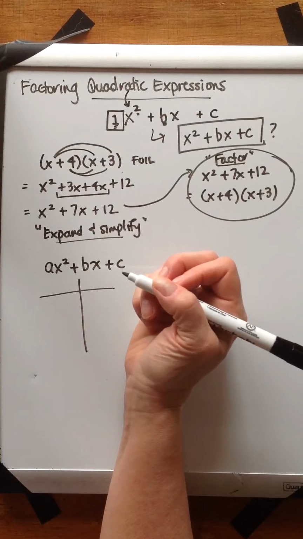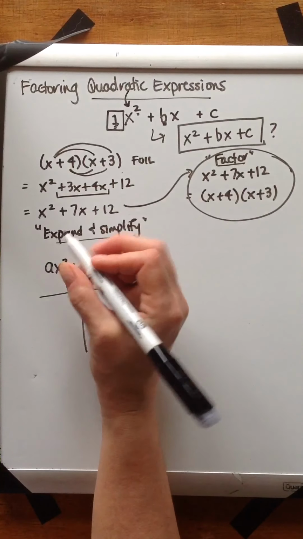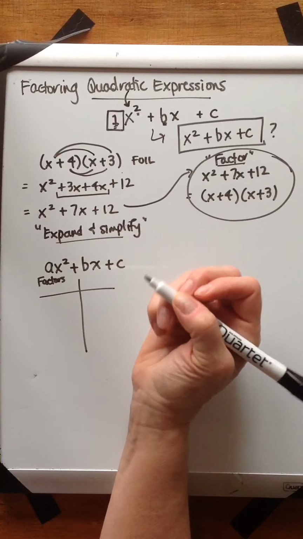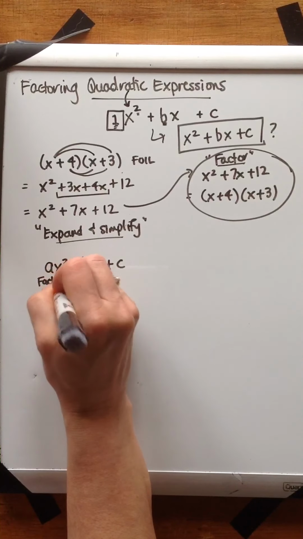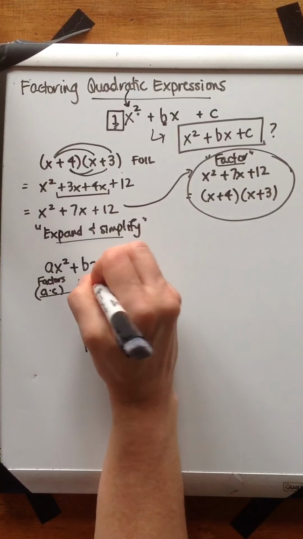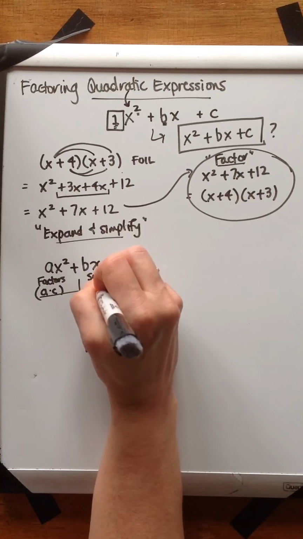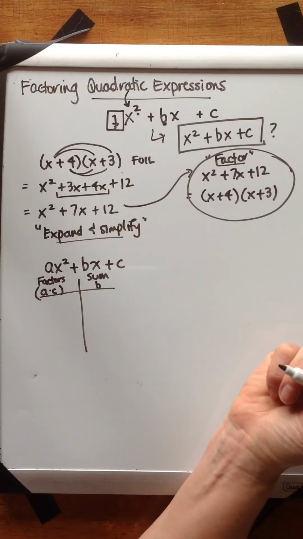If we could think of factors or numbers that give us A times C, and if we could think of what those factors add to get, we could get the sum, which would be equal to our B value.